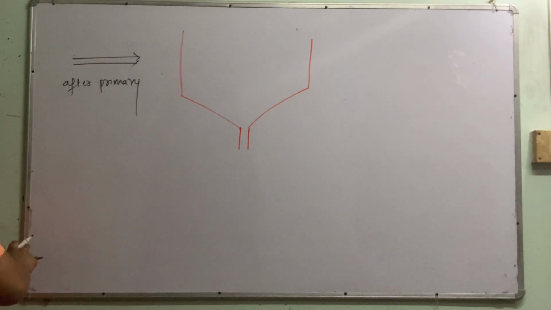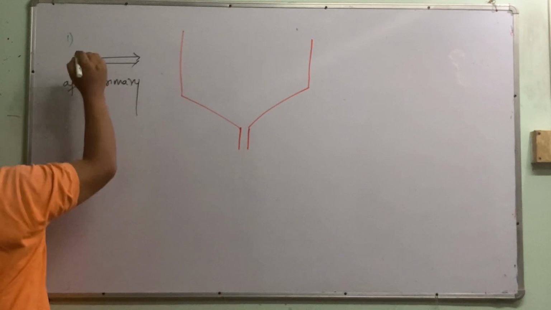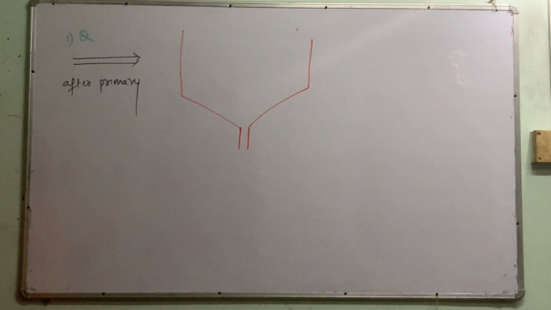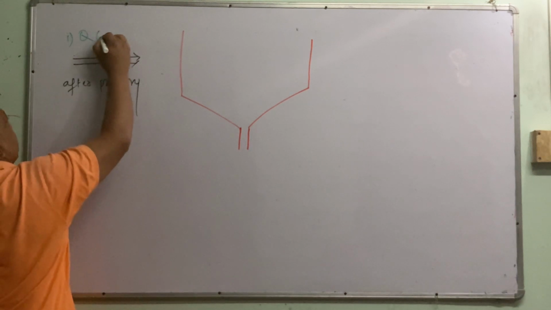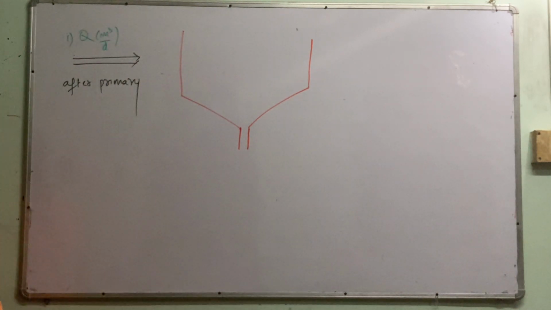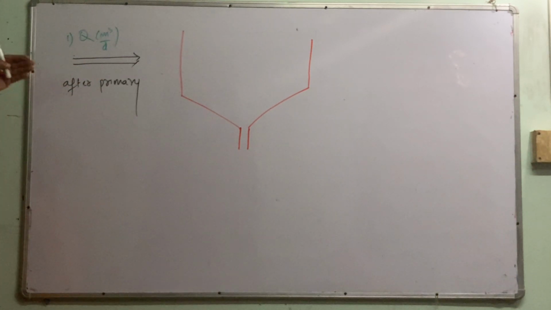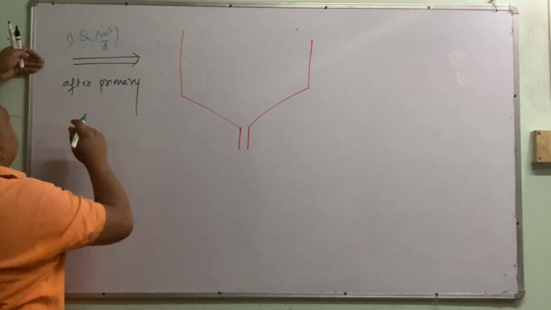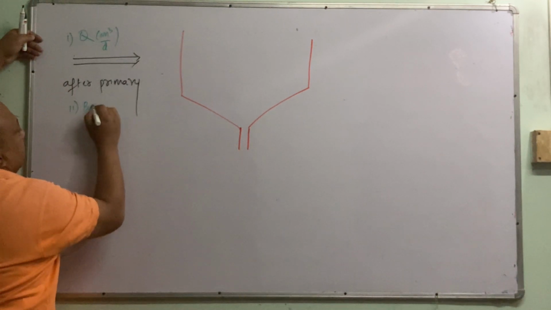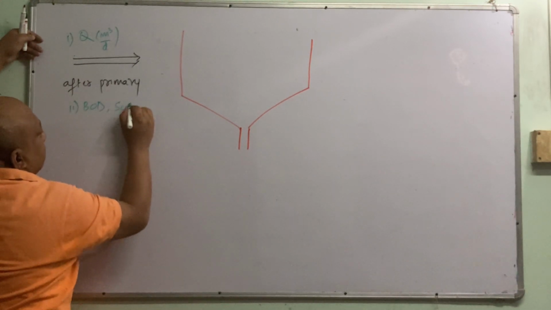First, some of the parameters of main importance are, number one, please check it, the Q. What is Q? Already we know Q is meter cube per day or liter per time. The Q is coming with a particular discharge. Where it enters, number two, it comes with BOD, or we call it substrate.